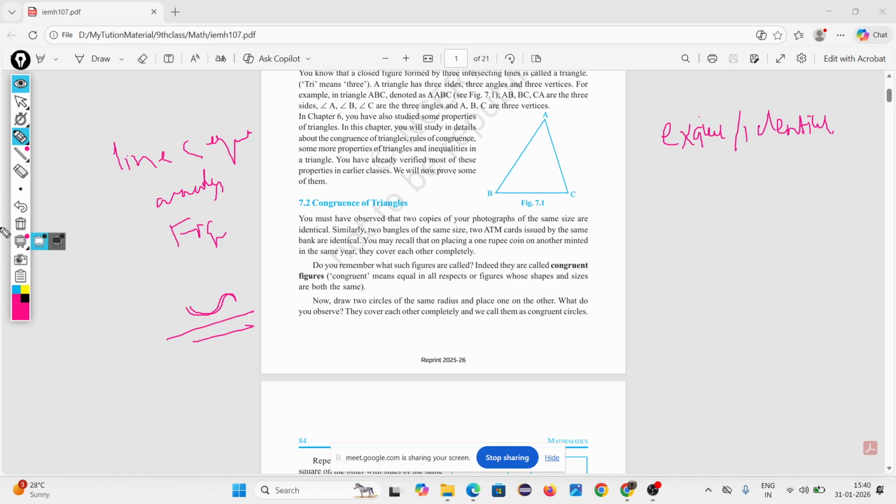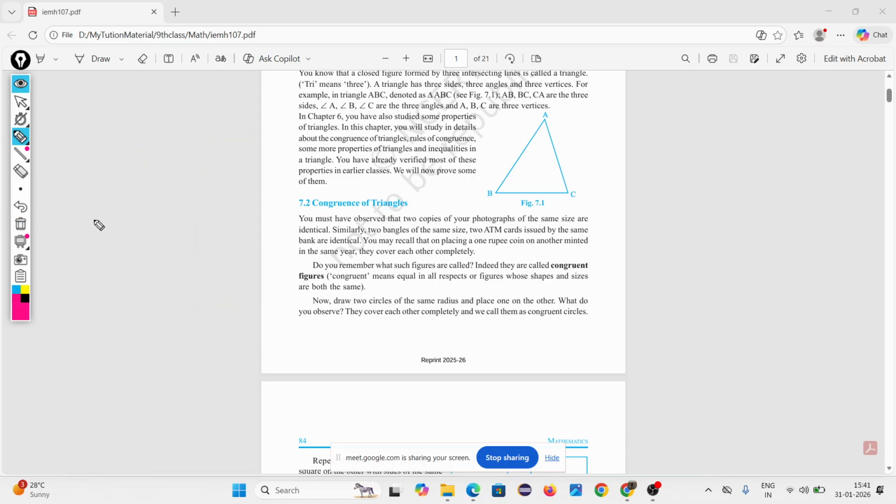Then remember one thing. Note: if two plane figures are congruent, then their areas are equal. Try to understand.